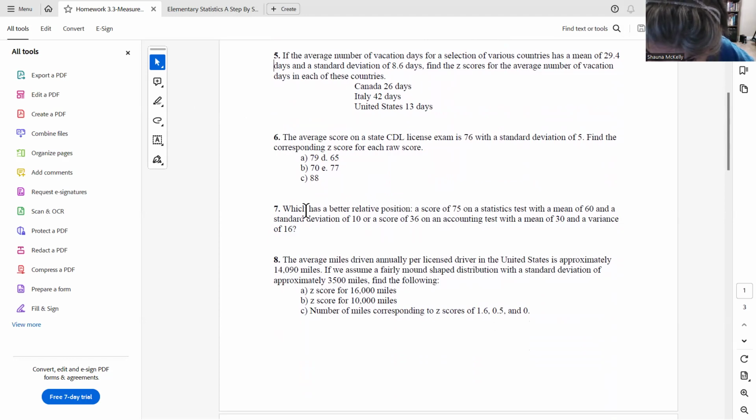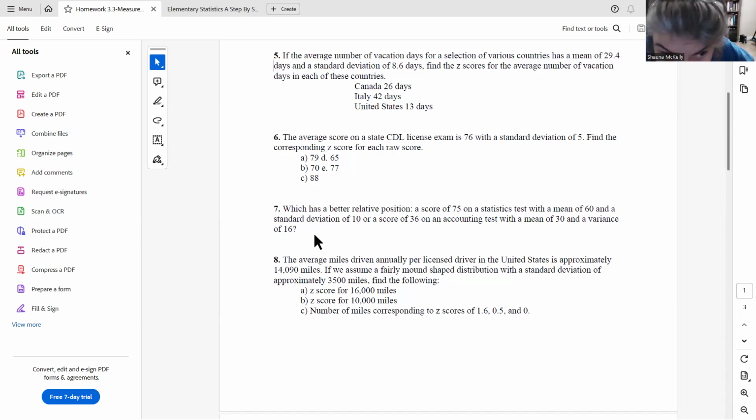The thing to watch out for in number 7 is that you have a score of a 75, so that's your score, with a mean of 60 and a standard deviation of 10. That's straightforward. But here, a score of 36 on an accounting test with a mean of 30, be careful, and a variance of 16. Remember here that when you put this in the formula, the variance is the standard deviation squared.